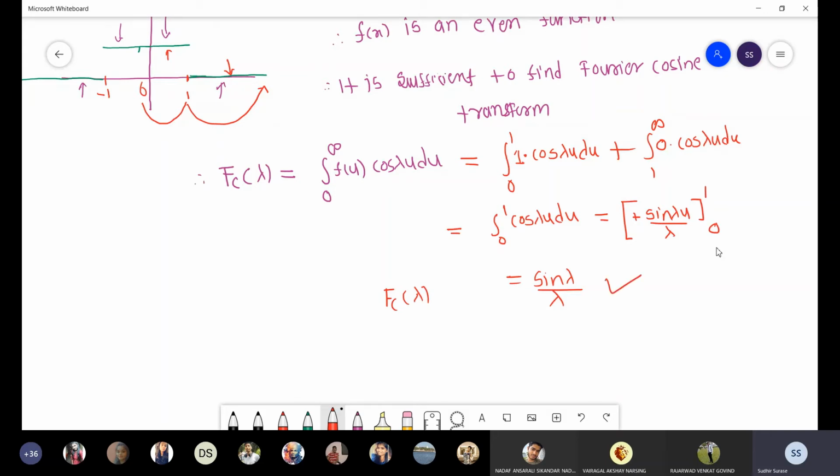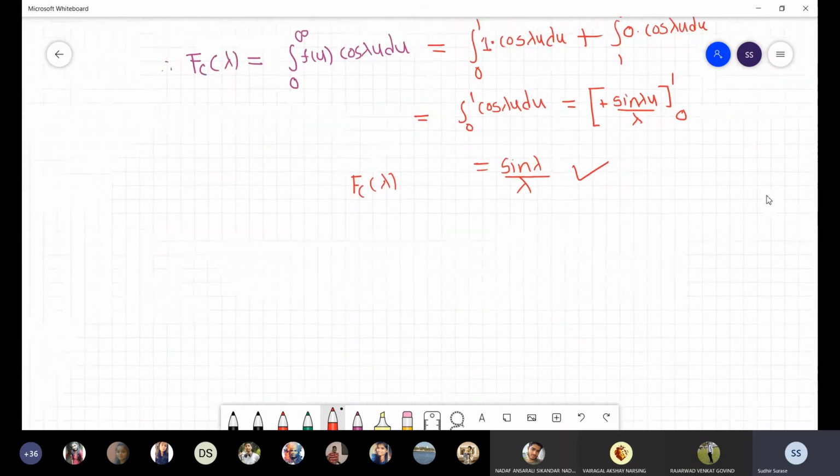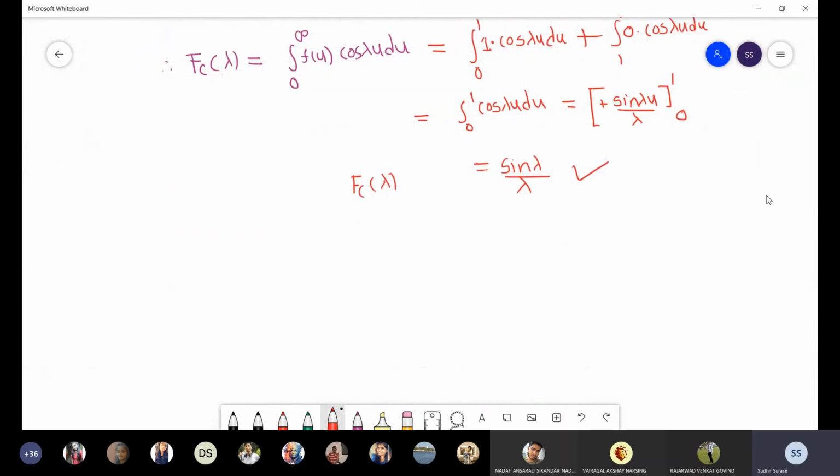Now we want to find the inverse Fourier cosine transform, because our aim is to find the Fourier integral representation. That means you have to find both things, the Fourier transform as well as the inverse Fourier transform. But we identified that the given function is an even function, so it suffices to find the Fourier cosine transform and the inverse Fourier cosine transform. So next we have the inverse Fourier cosine transform.